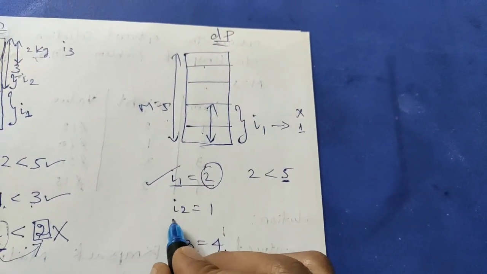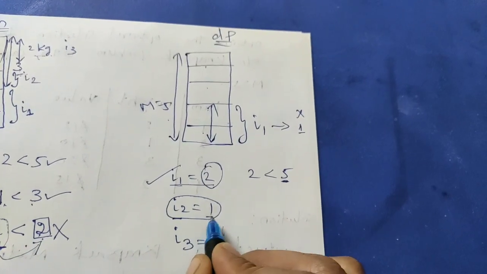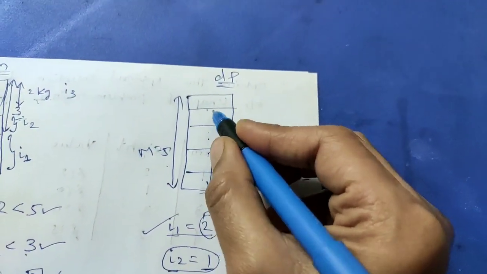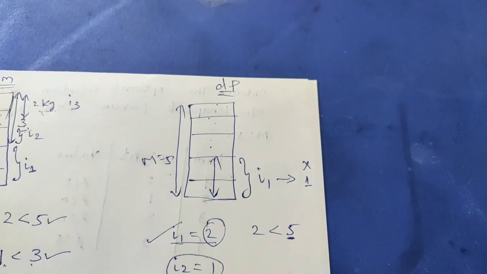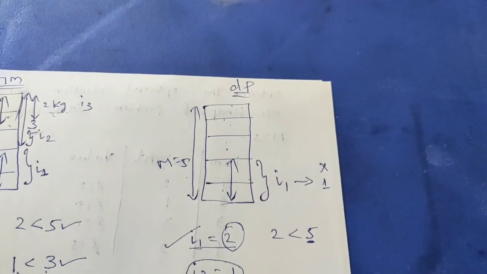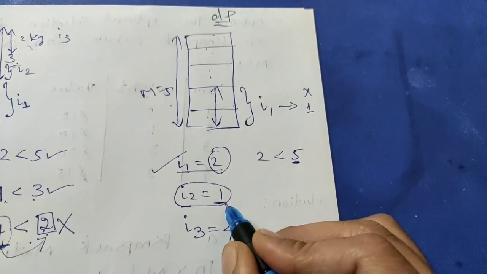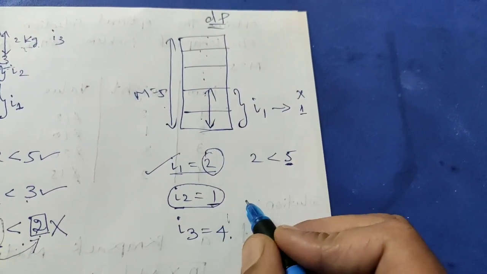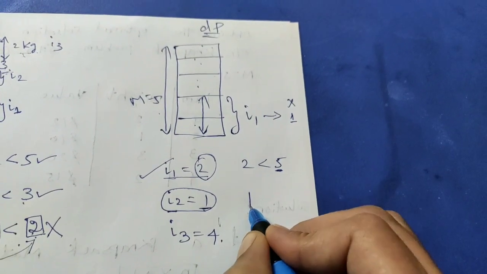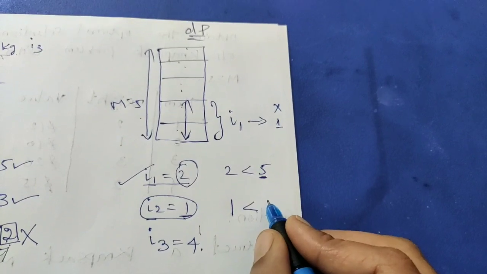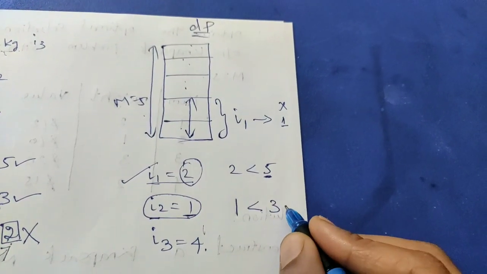Now I am processing the second item with the weight 1. What is the remaining capacity of the knapsack? I have 1, 2, 3. So 3 kg space I have in the knapsack as a remaining capacity. Now I will compare the weight of the second item with the remaining capacity. 1 is the weight of item 2. It is less than the remaining capacity 3.